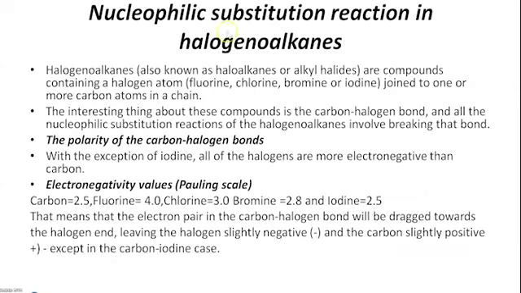What is nucleophilic substitution reaction? And why does nucleophilic substitution reaction happen in halogenoalkane? Halogenoalkane, also known as haloalkane or alkyl halides, are compounds containing halogen atoms, fluorine, chlorine, bromine or iodine, joined to one or more carbon atoms in a chain.